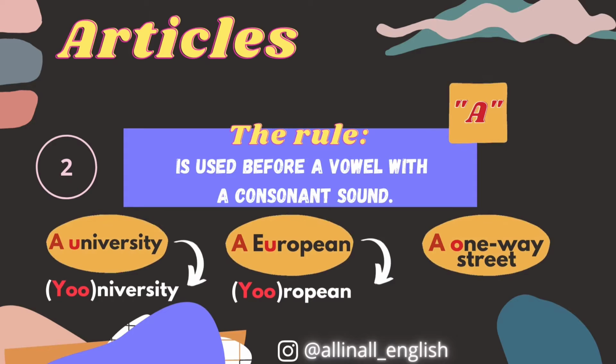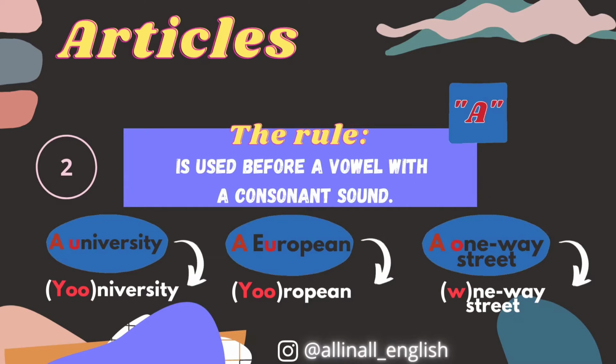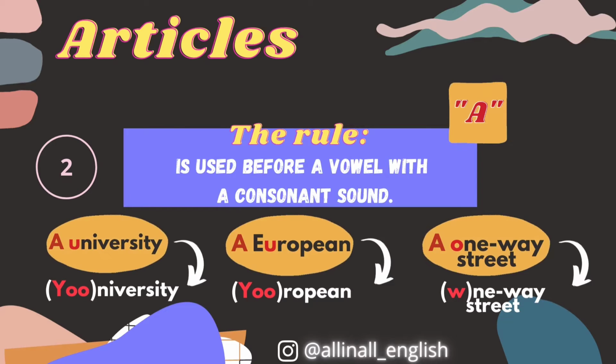Let's see the last example, which is the phrase a one-way street. As I mentioned earlier, the exceptions in this rule include just the two letters U and O. So the word one in this phrase sounds like we have pronounced it with a W, by saying "wun" and not "on."